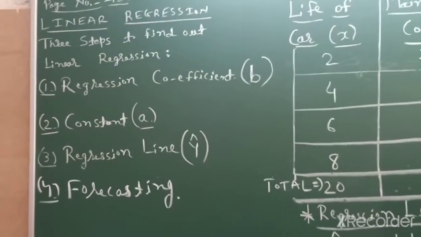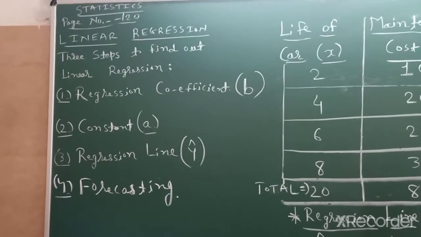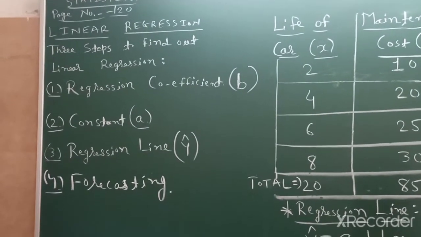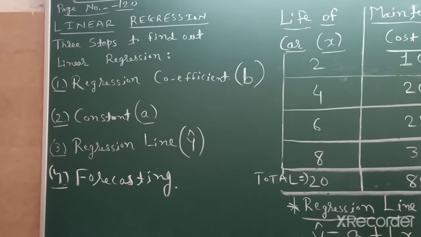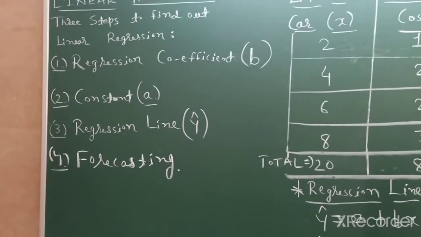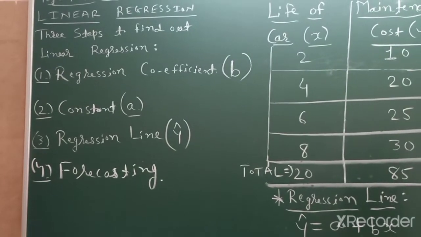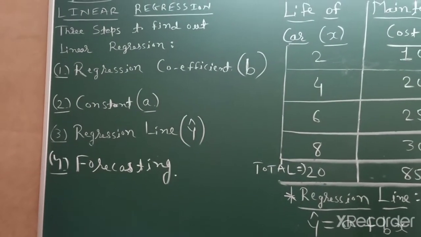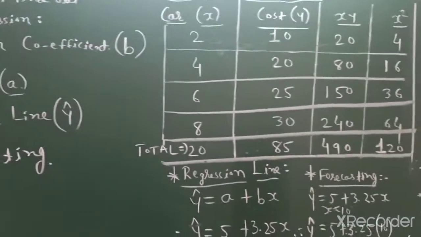The linear regression, to find the regression line, in linear regression chapter we have to find the regression line. To find the regression line we have 3 steps. First find out regression coefficient, that is b. Then find out constant, that is a. Find out regression line, that is y cap. And if asked in the question, then we have to do forecasting also.